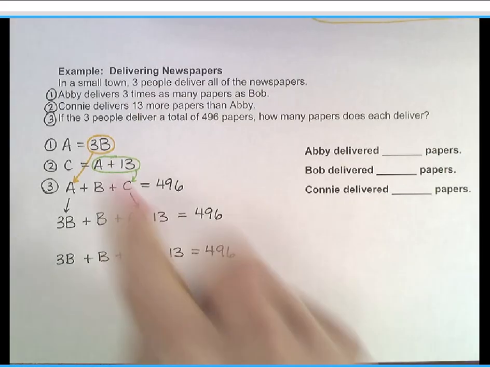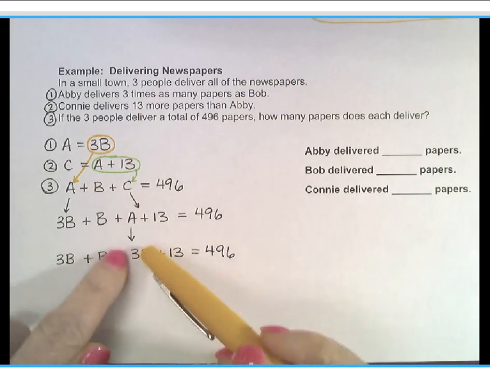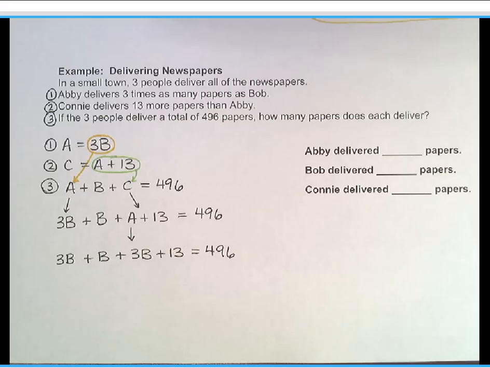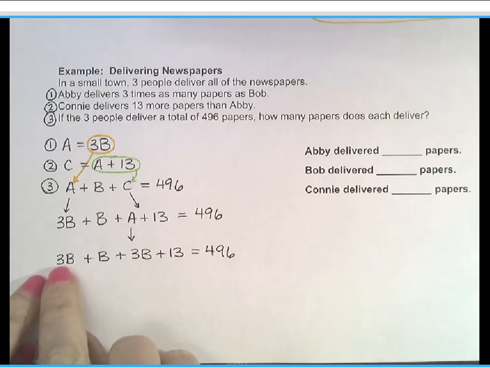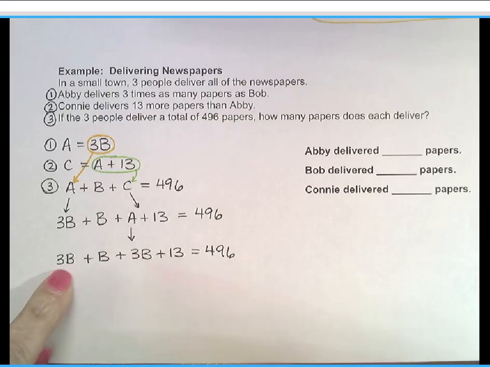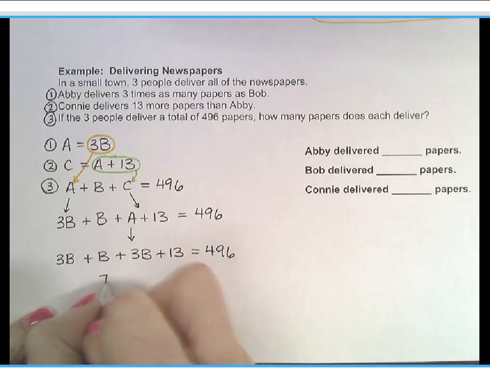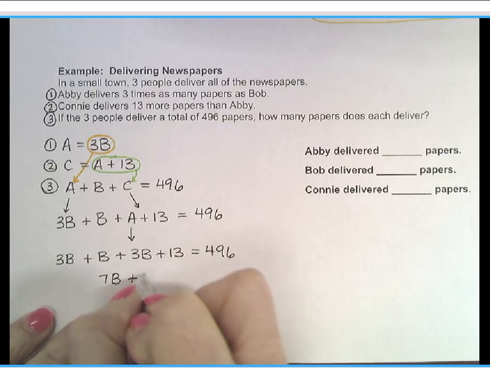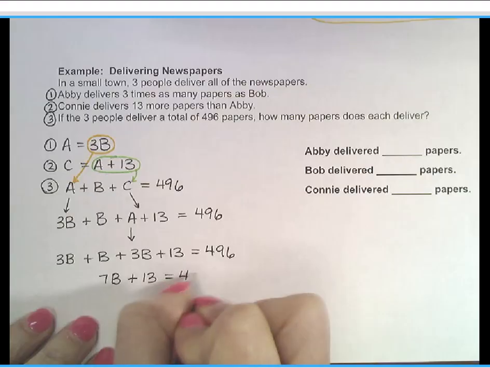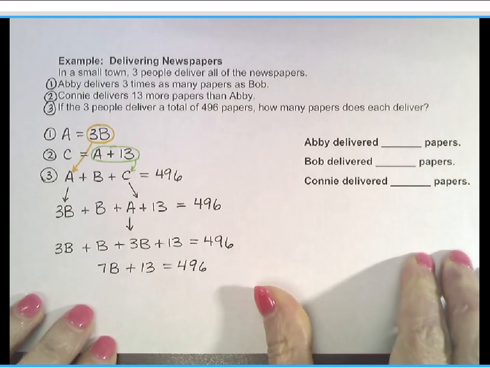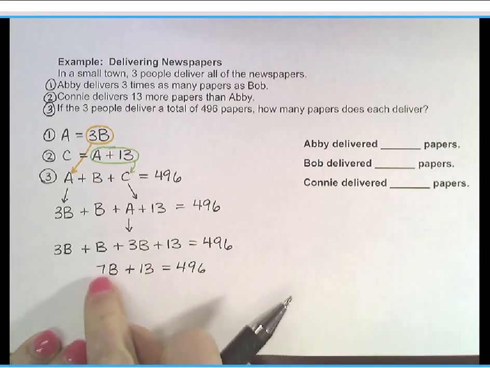So I just made the replacement again for A. So I used 1 and 2 to help me plug into 3. Okay, now how many B's do I have? 3 plus 1 plus 3 more, that's 7B's plus 13 equals 496.